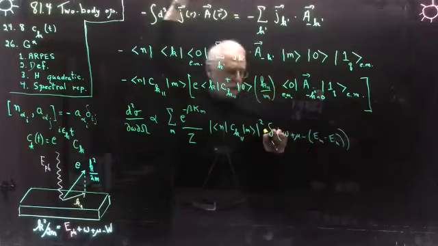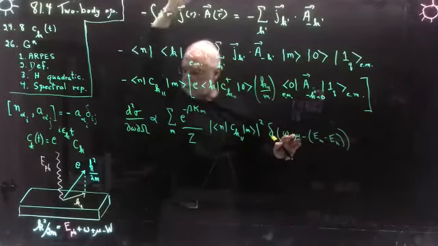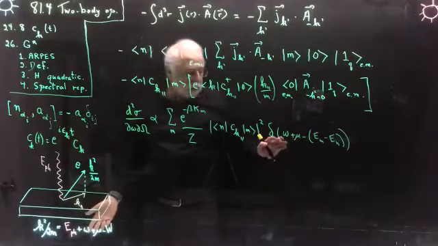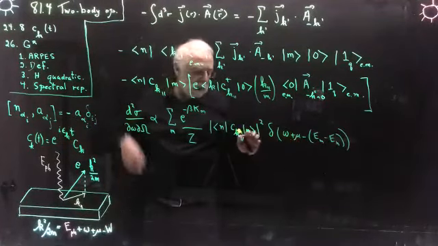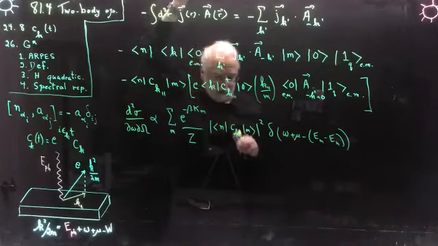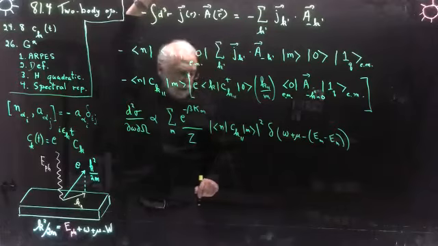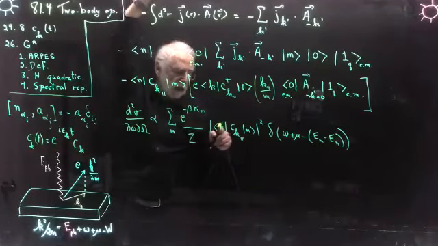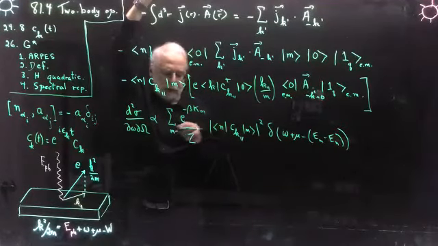So we need to conserve energy. So omega plus mu is equal to the difference in energy between the initial and the final state. And we don't know the final state, so we need to sum over all the final states here, n.